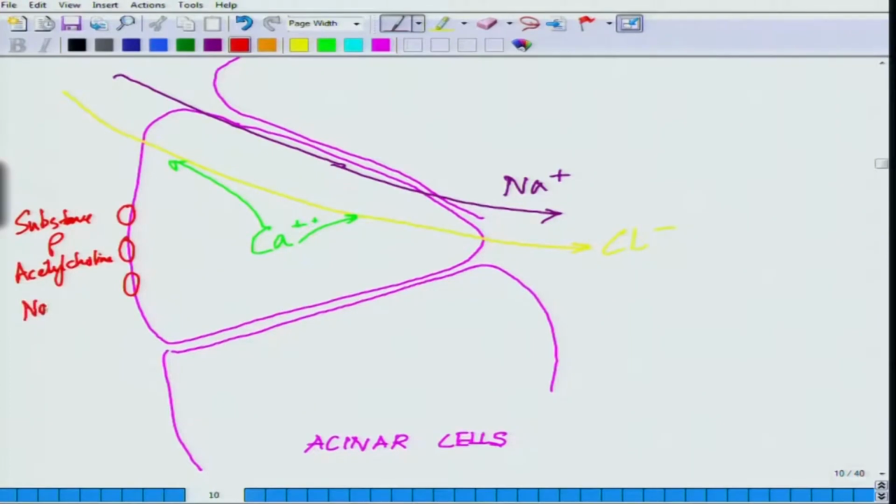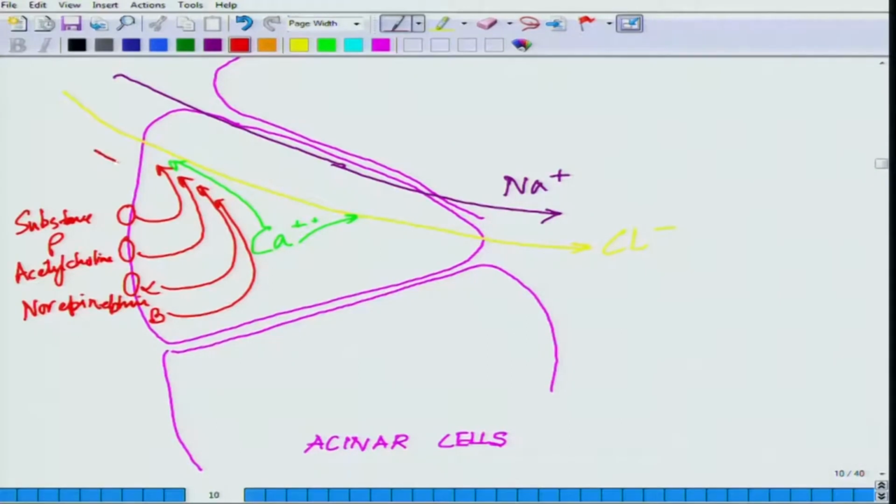Then you have norepinephrine, alpha and beta subtypes. These all stimulate the entry of calcium.